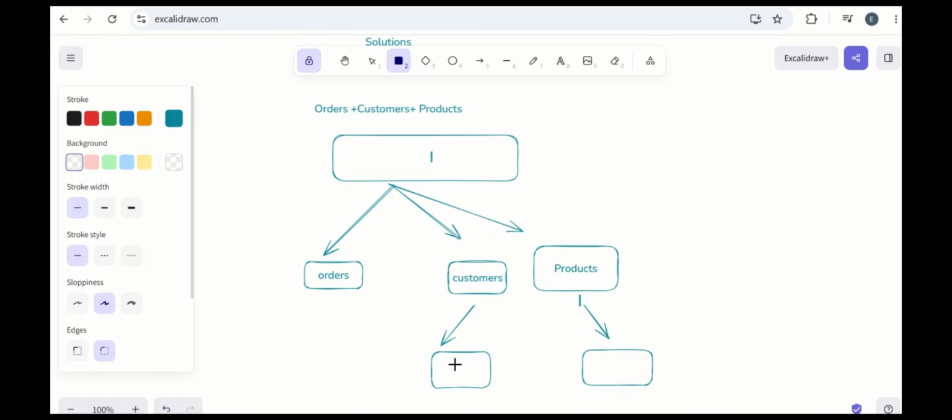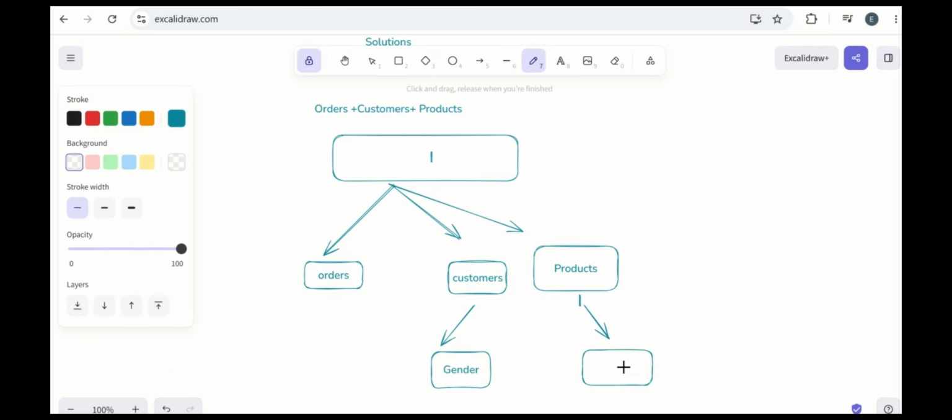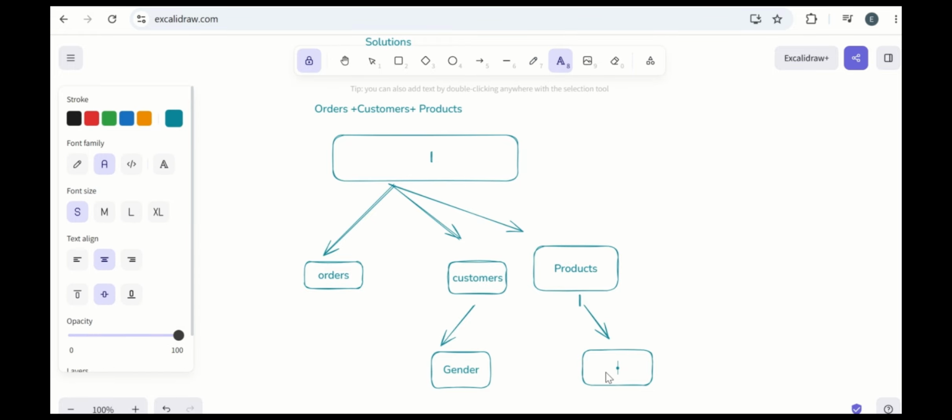So let's say this is a gender table, and this is the product category.